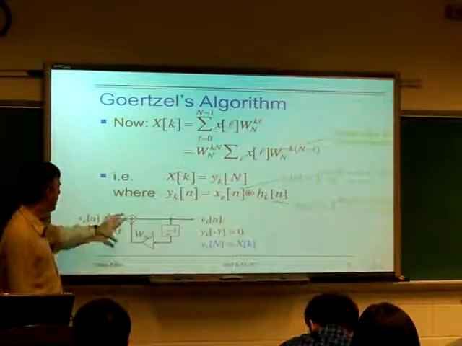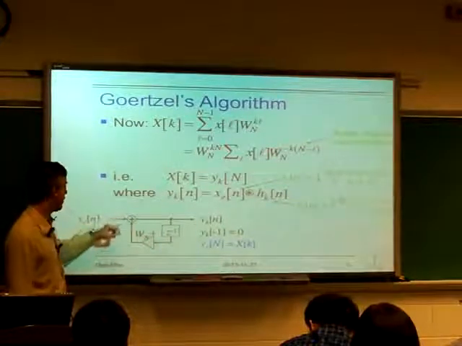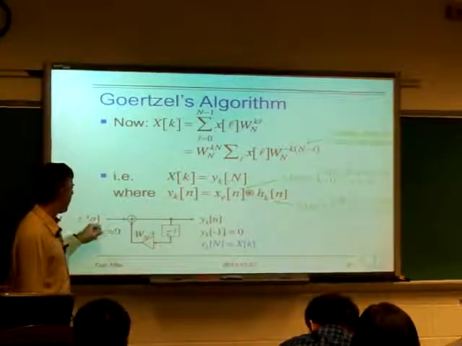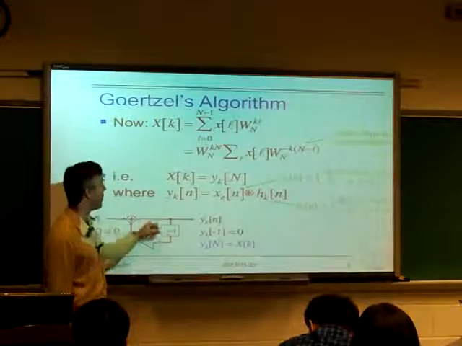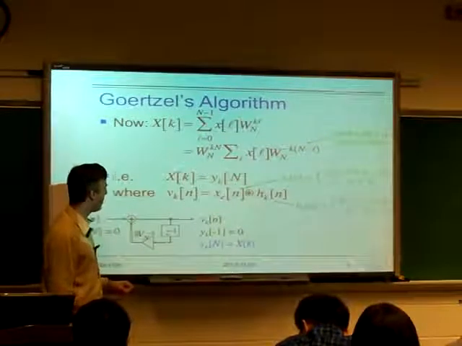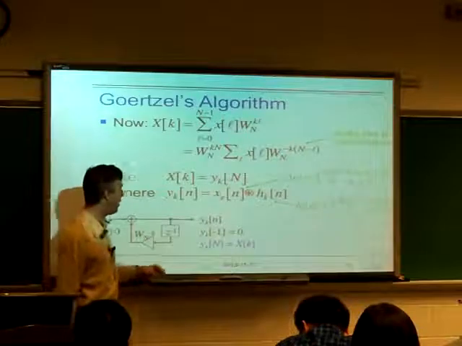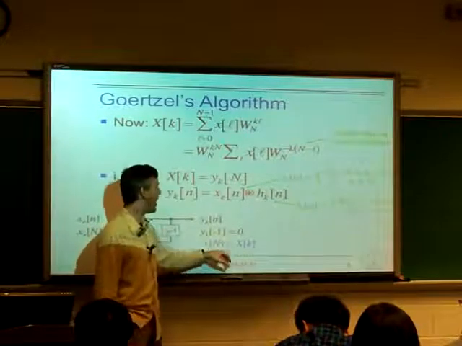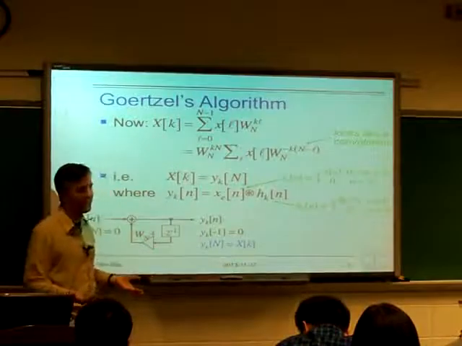So if we just set up this system where we feed in the signal that we want to get the DFT for, and we have this single one-pole filter, we just run it for big N steps, then we put in a 0 at the very last point, and we start off with an initial state of 0, then the output at time big N will be this X of k.